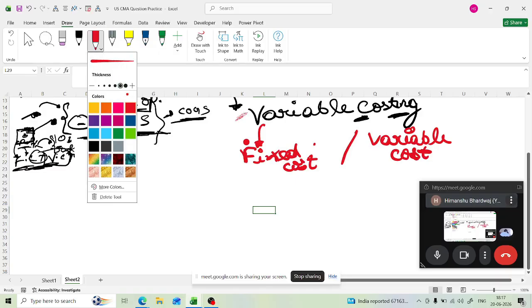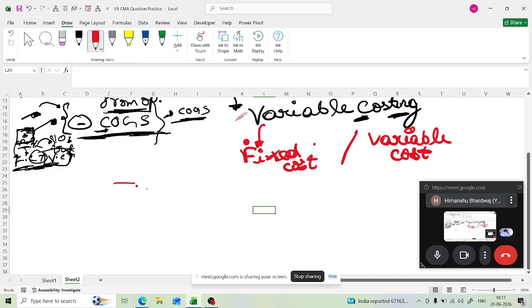Perfect. So let's say for variable costing, I have my revenue with me. This whole bucket represents revenue, how much I have earned by selling my products. To generate this revenue, I also have incurred some variable cost.